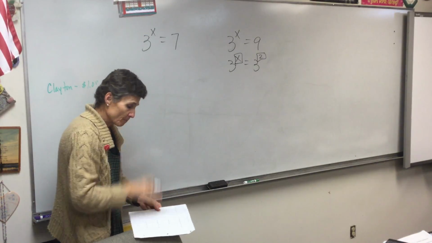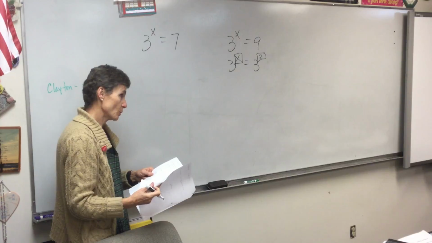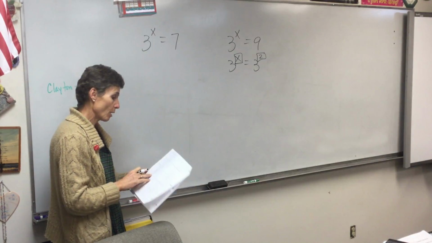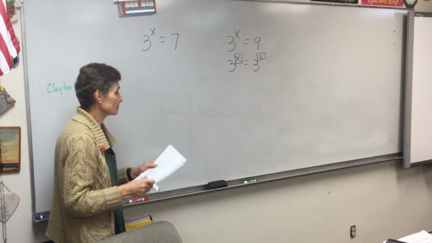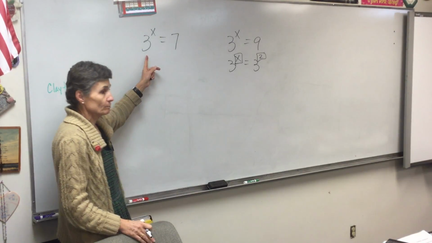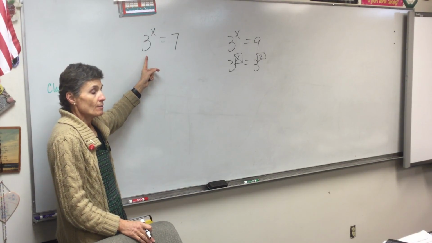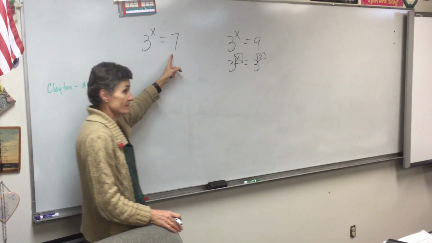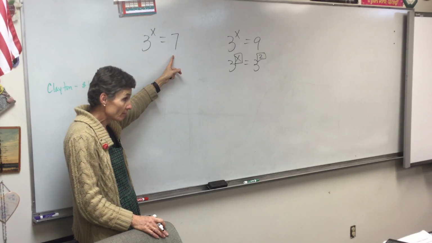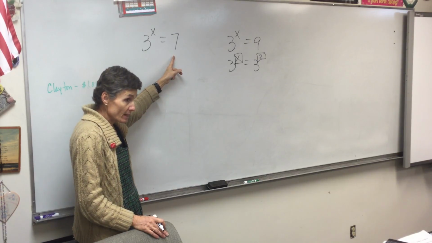Okay, Robbie, we are on the back of page 28, problem number 3. All right, so here we go. This one is not going to work out like this one, because 7 is not a power of 3, right?